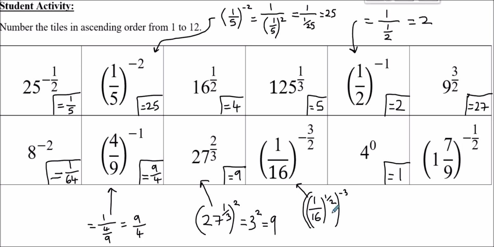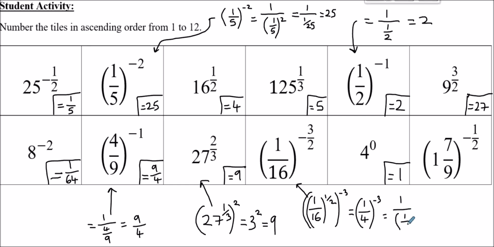So what's the square root of 1/16? We can square root the top and the bottom. This is going to become a quarter. So we're going to have 1/4 to the power minus 3. That's going to be the same as 1 over a quarter cubed.